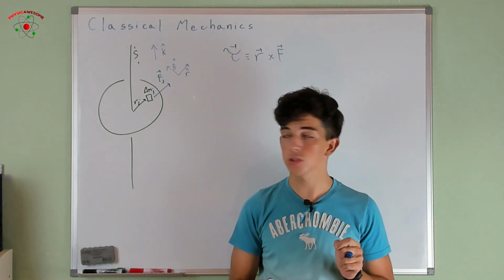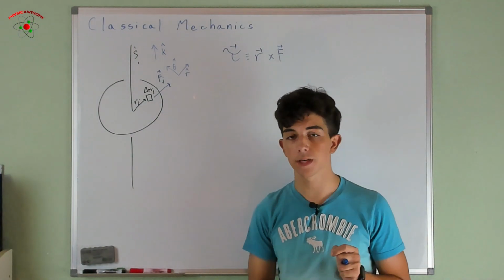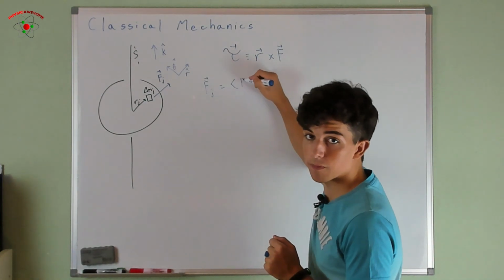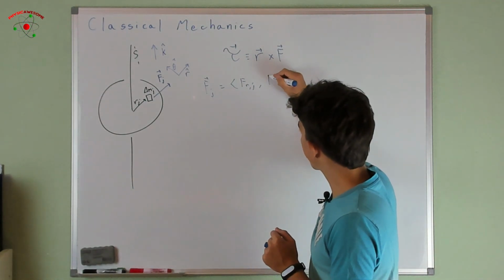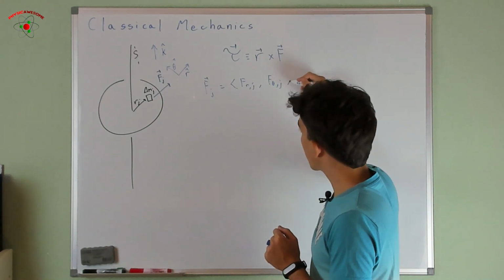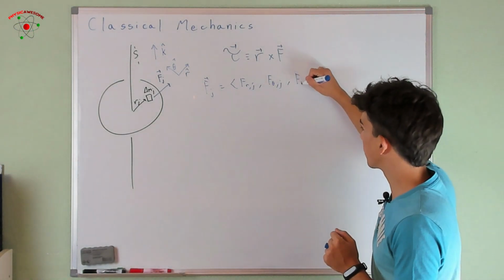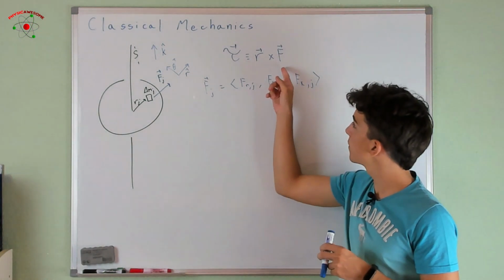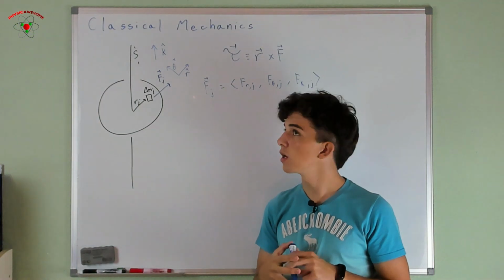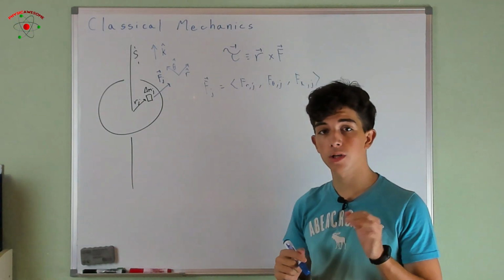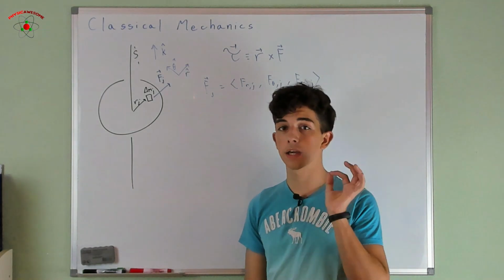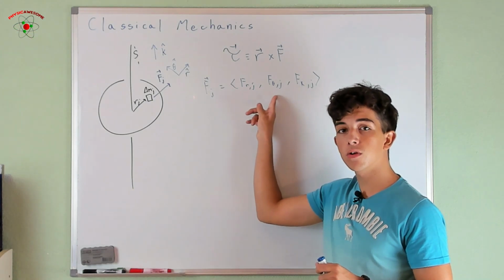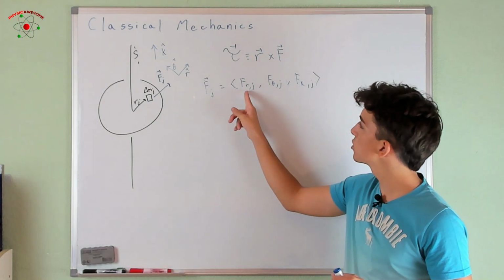So our force for this small particle F_j is going to have three components. F_j is a vector that's going to have an r hat component, a theta hat component, and a k hat component. By doing some calculations using the definition and noting that we only care about the torque in the k-hat direction, we see that the only relevant one is the torque from the theta hat component.